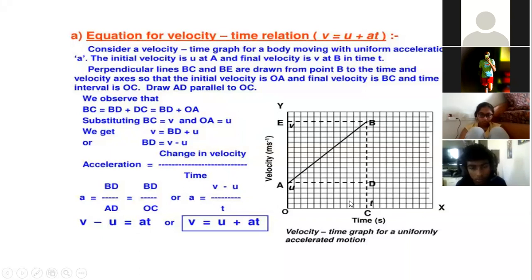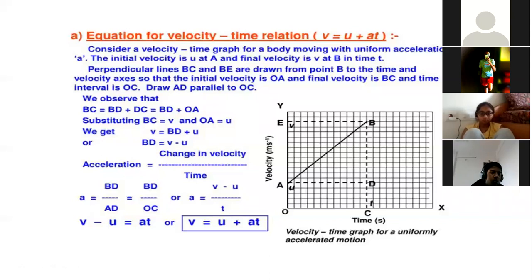So these are parallel lines. If OA is your initial velocity, even CD is your initial velocity. And if OE is your final velocity, then BC also will be your final velocity.